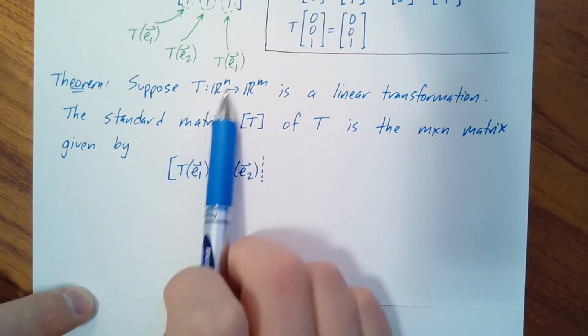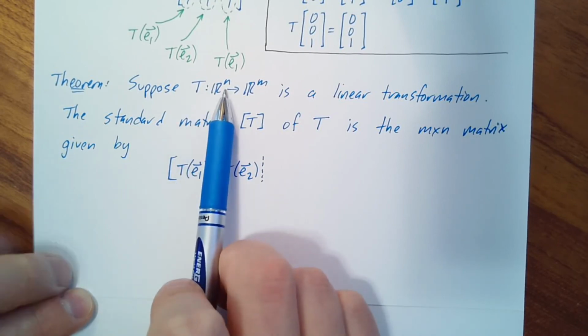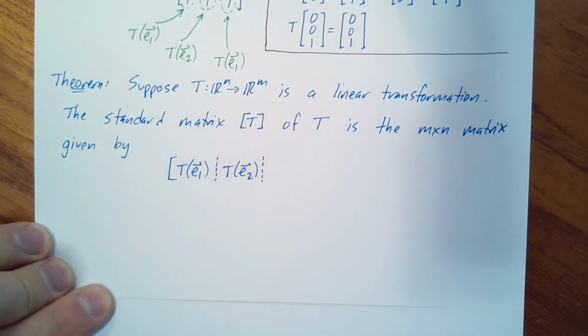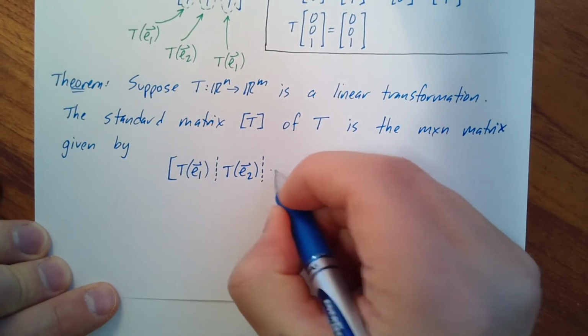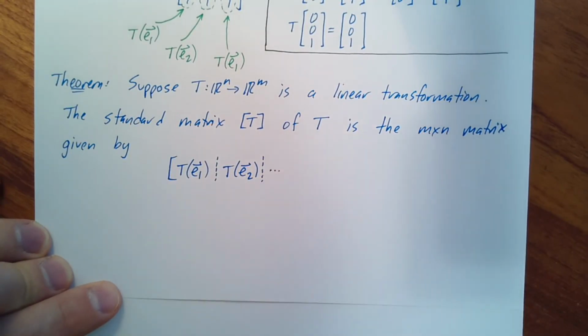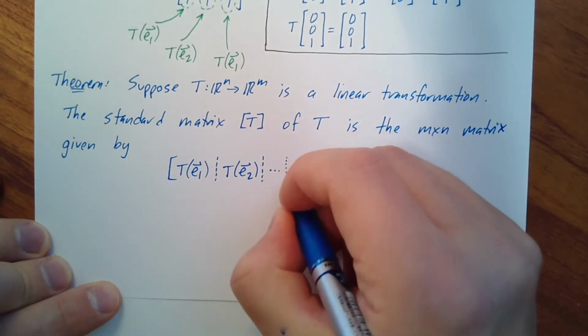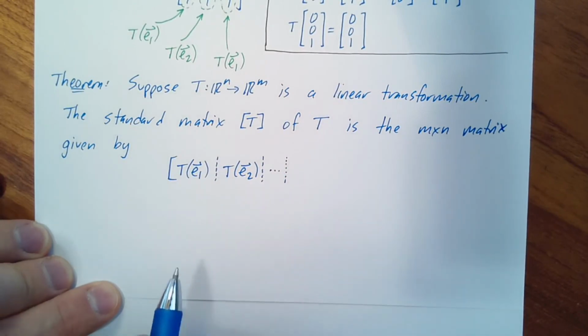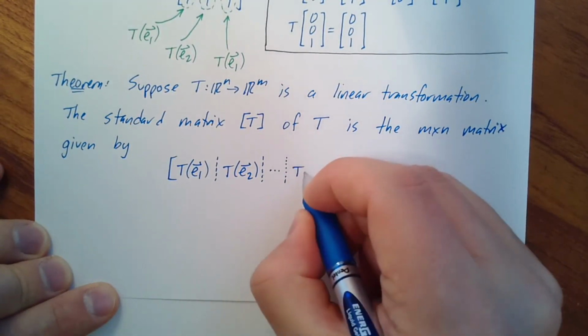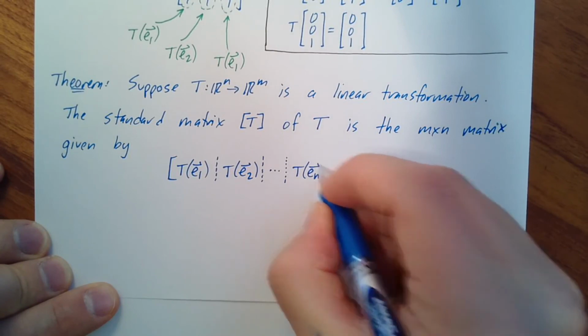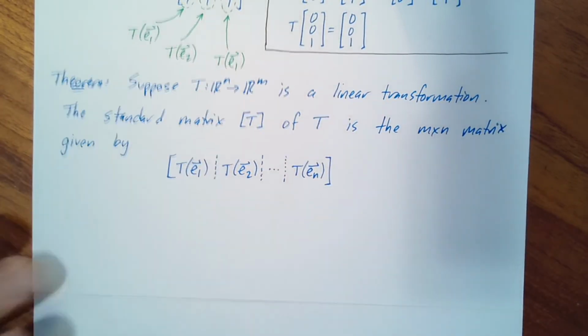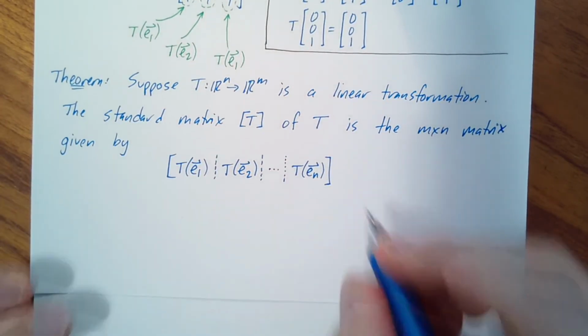And if the domain of your linear transformation is Rn, that means there's going to be n standard basis vectors. So I will extend this off for an unknown duration. I'll just put dots because we don't know how far it goes, but the very last one is going to be T of En. Okay, and that is the result.